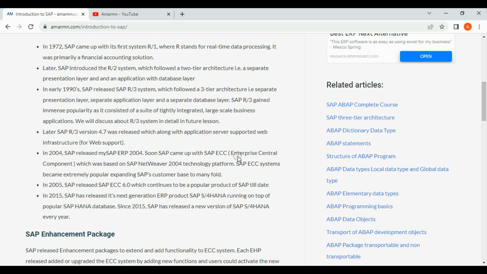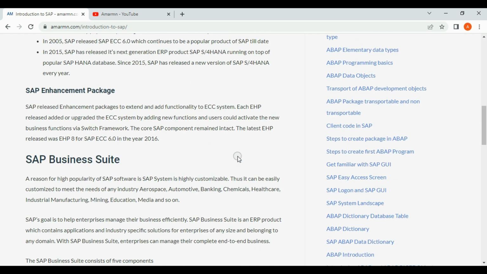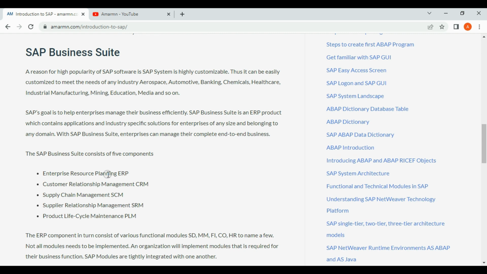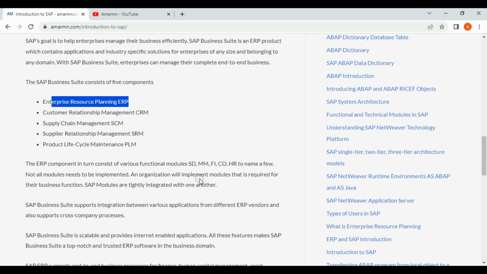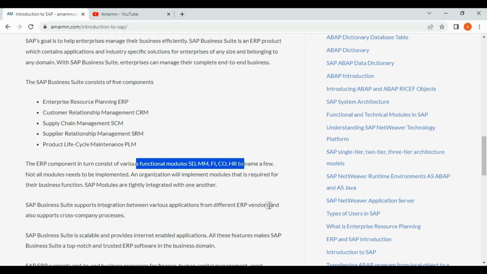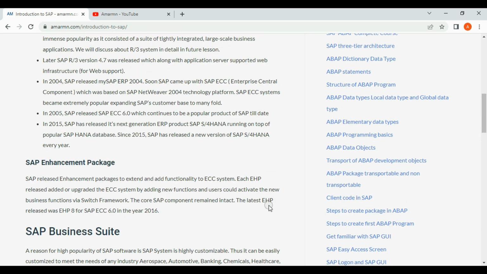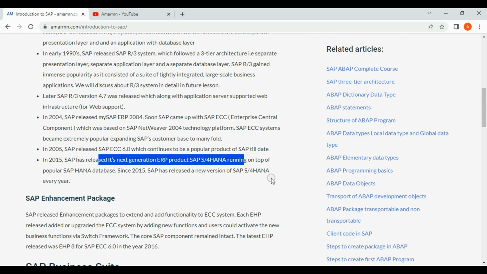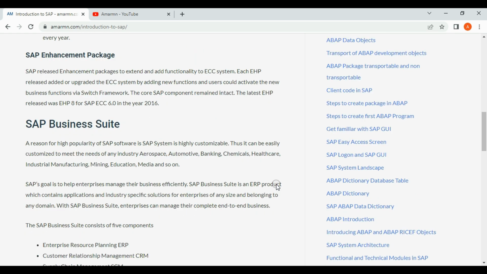At this moment, if you ask what the popular products of SAP are, obviously it is the SAP Business Suite, which comprises these five components, and enterprise resource planning is the product or application package which supports all the core business functions of an organization. Then, apart from SAP Business Suite, SAP has also introduced SAP S4 HANA, which is the next generation ERP product of SAP. So that's all in this video.